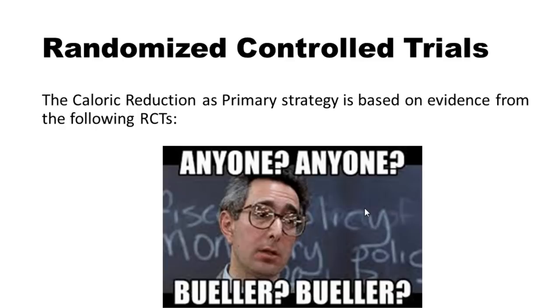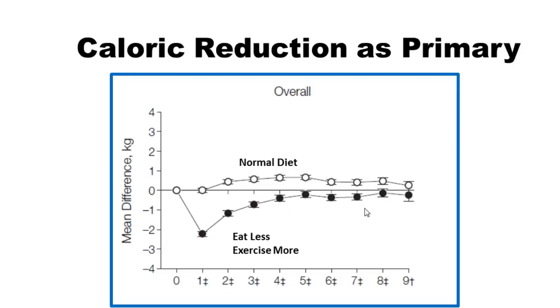And again, where are the randomized controlled trials that reducing calories is going to lead to long-term weight loss? We pretend we live in an era of evidence-based medicine, so show us the evidence after 50 years that reducing calories is going to lead to weight loss. Well, here's the Women's Health Initiative study, right? 360 calories per day.